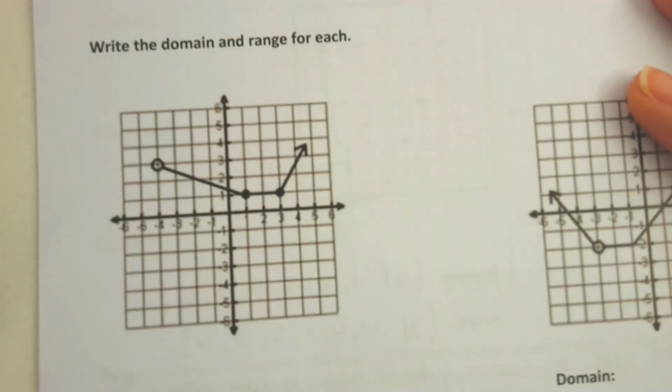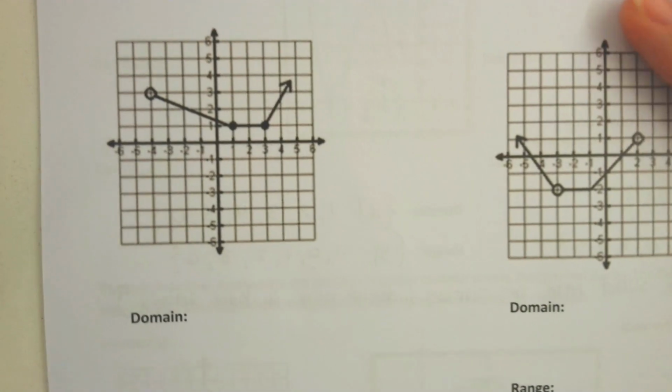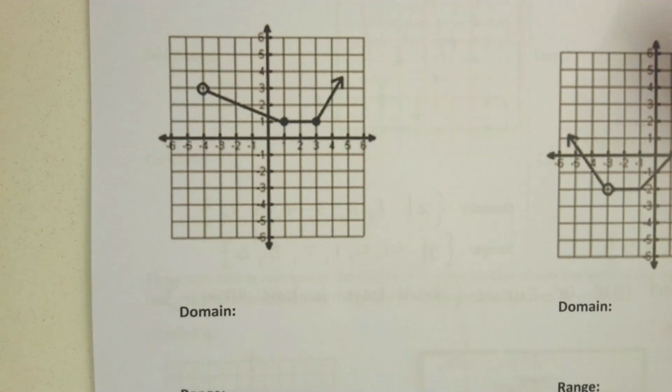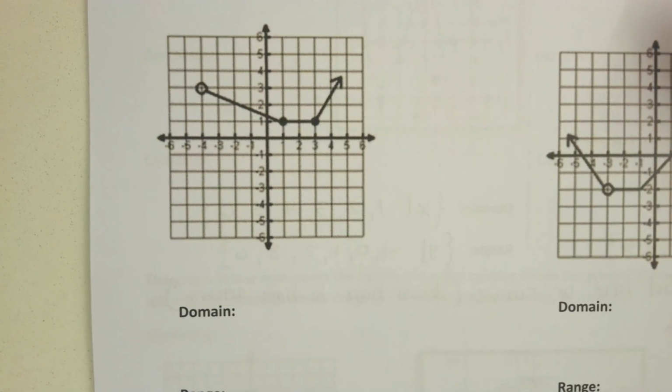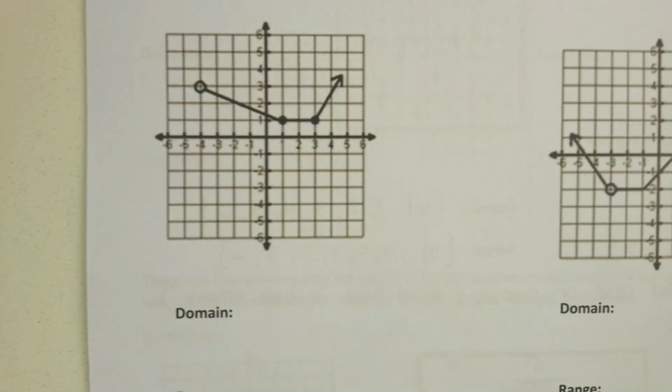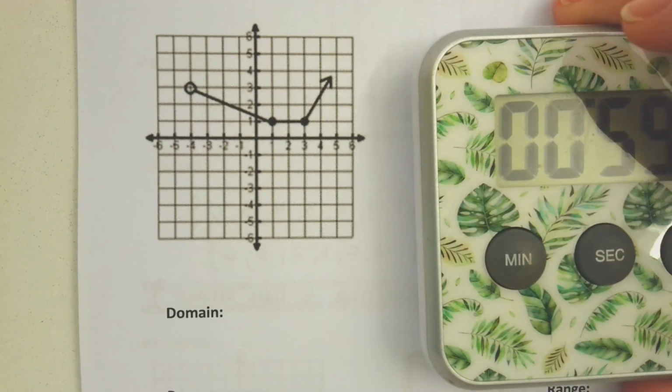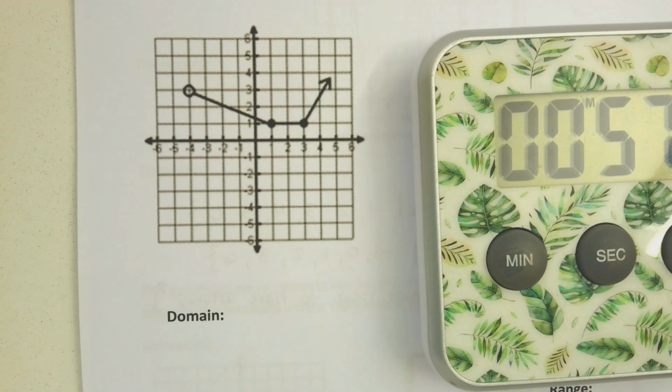Write the domain and range for each. Okay, domain should be pretty easy. Let's start with domain. We're going to do a little ink pair share on the domain. You're just going to write the domain, then we'll pair up and share. We probably only need 30 seconds to write our domain. Remember, domain is your x's, your left to right. Left to right.